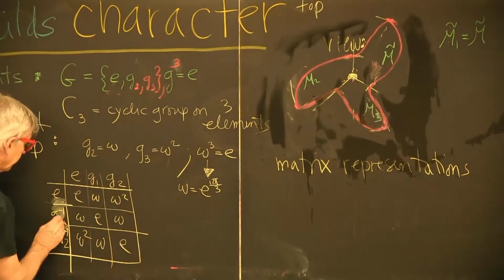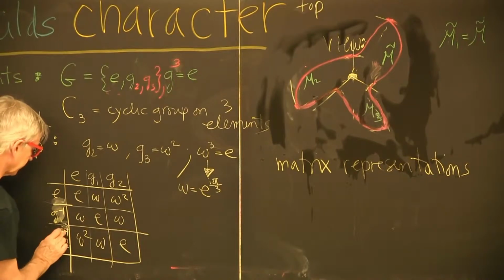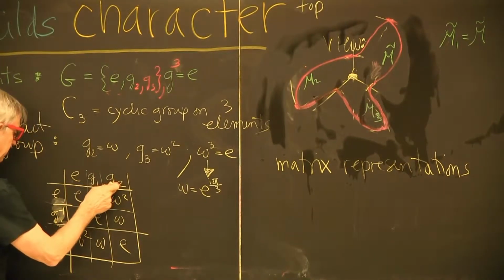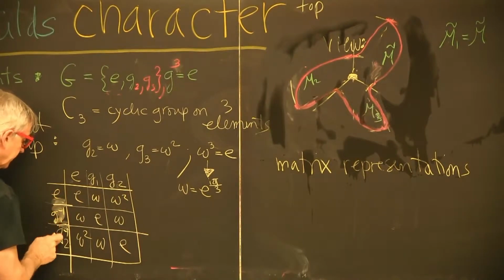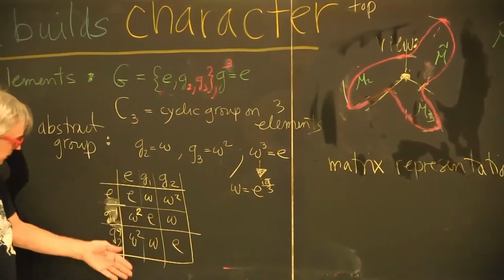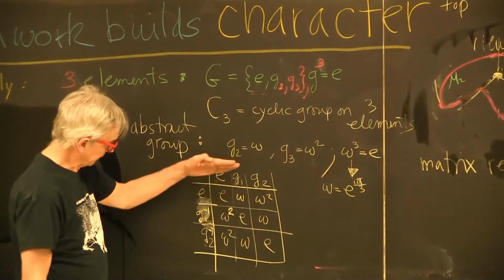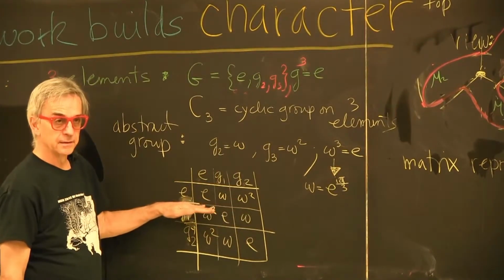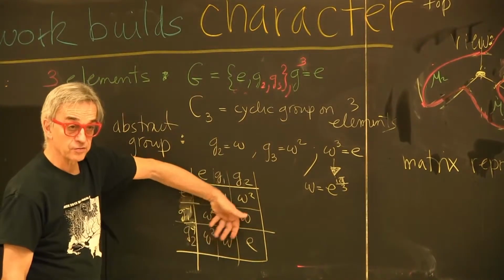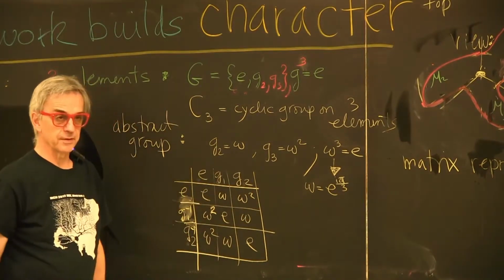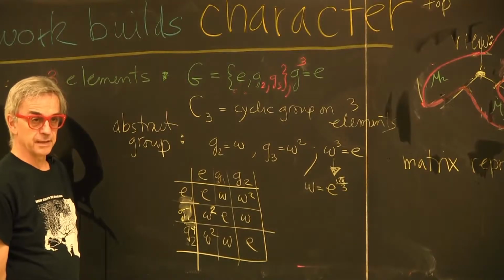It's the inverse of the first element, inverse of the second element. Element first, element second, inverses. Should be omega squared. So there's something called rearrangement here. Whenever you look at these multiplication tables, they have a property that every row and column has every element in it, and they're just rearranged. So these are 3 possible rearrangements of these 3 elements.